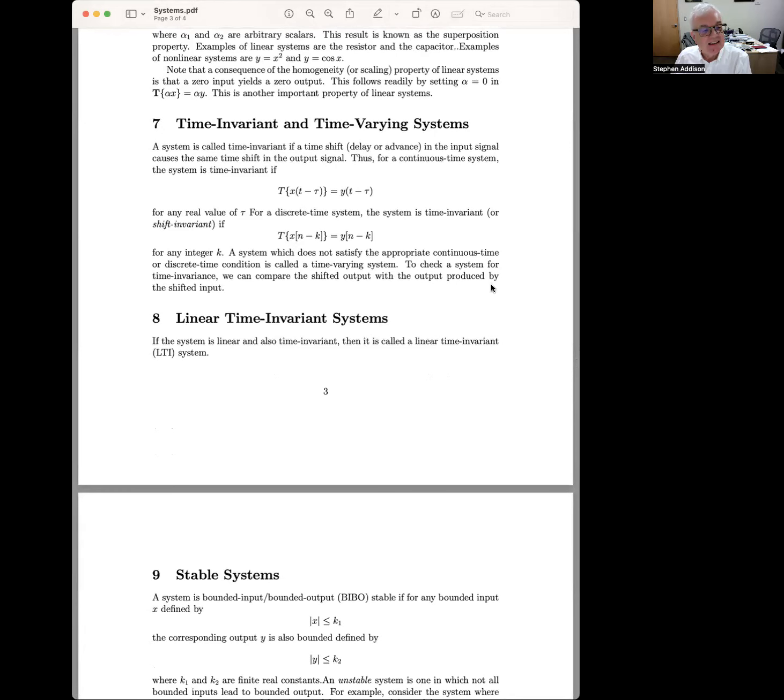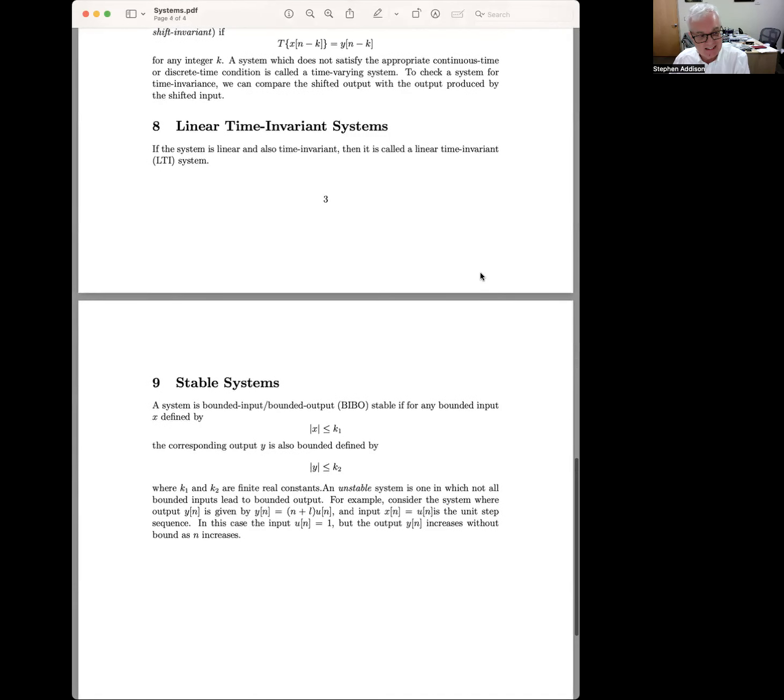And then I point out that if a system is both linear and time invariant, we call that a linear time invariant system or an LTI system. And that's what we're going to be studying for the next 2 chapters. And then I summarize what you really need to know about stable systems and BIBO stability. So read that and read the corresponding sections in chapter 4.